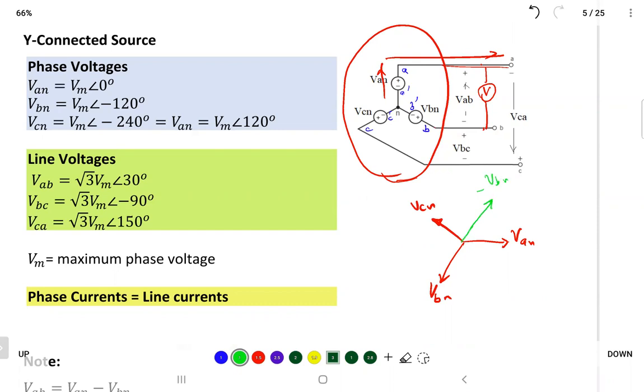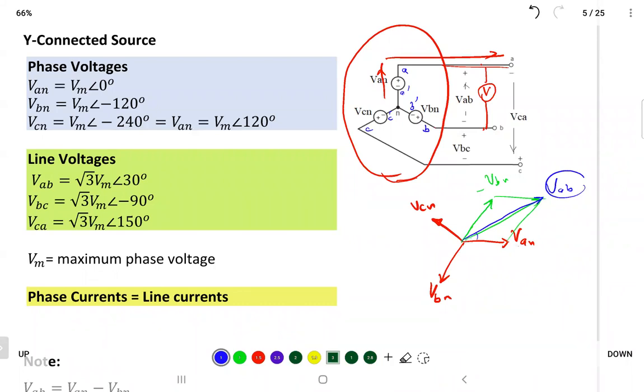They are all equal to Vm, the maximum value. And then you add, so that you get this value, which is VAB. That's the line voltage. But VAN, VBN, they are the phase.